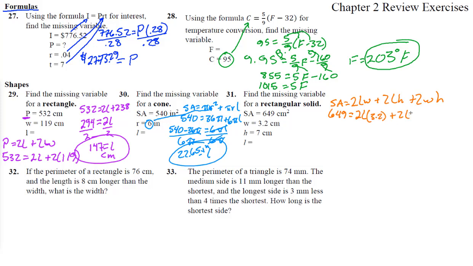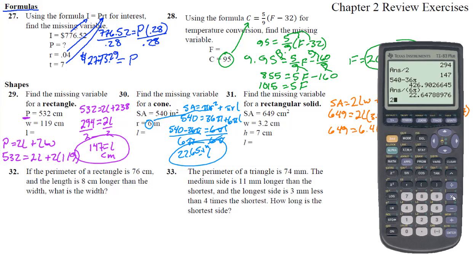2 times L times 7 plus 2 times 3.2 times 7. Ooh, what does that equal? 649, let's simplify it down a little bit. We get 6.4L plus 14L plus 2 times 3.2 times 7. And we get 44.8 over there.